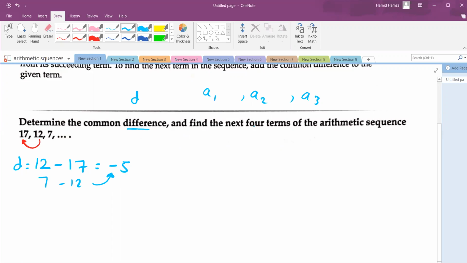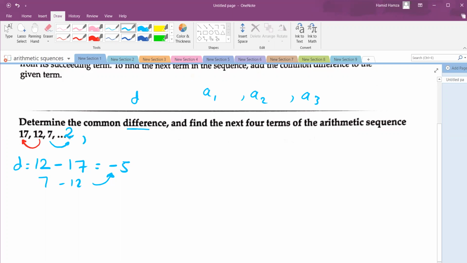After that, we wanted to write the next four terms. To obtain the terms of this sequence, all you need to do is subtract 5, or add negative 5. If we add negative 5 to this number, I'll get 2.